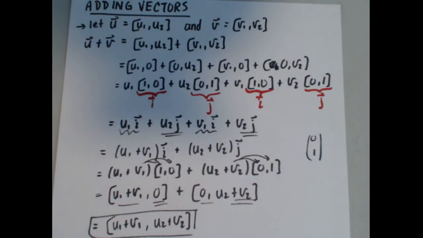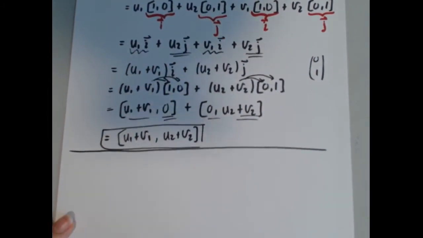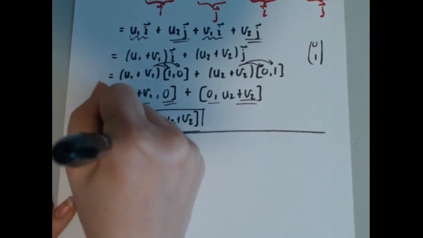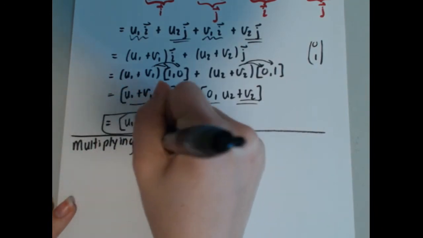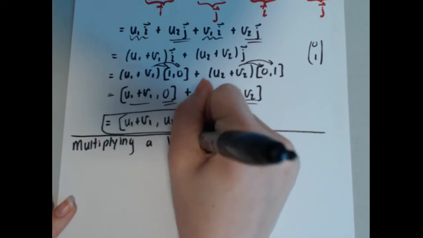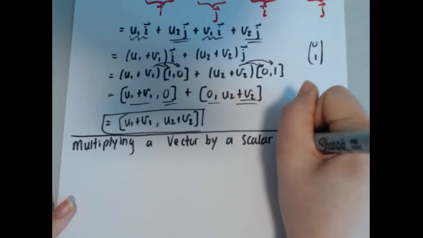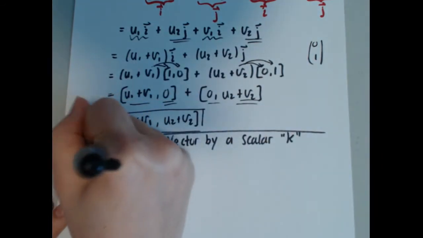Now we're going to do a very similar idea, except this time we're going to multiply a vector by a scalar k. Multiplying a vector by a scalar k. Scalar is just a number.